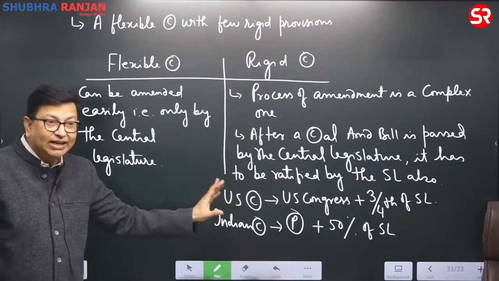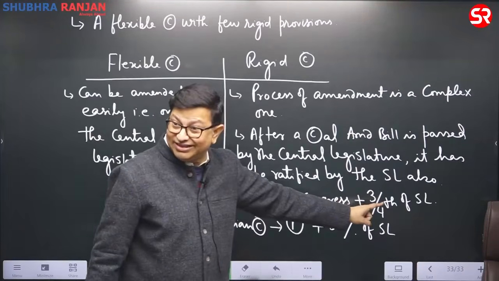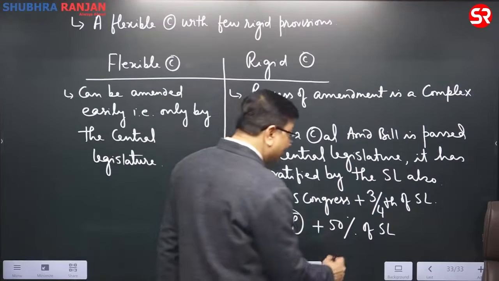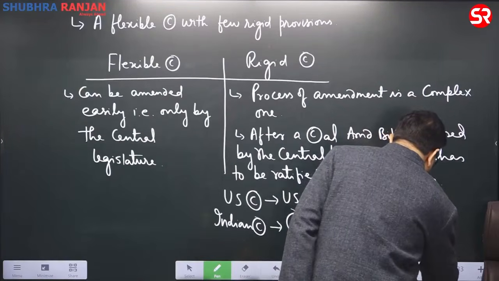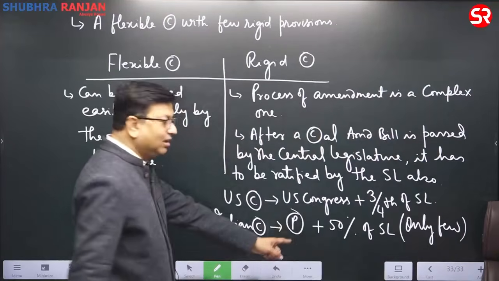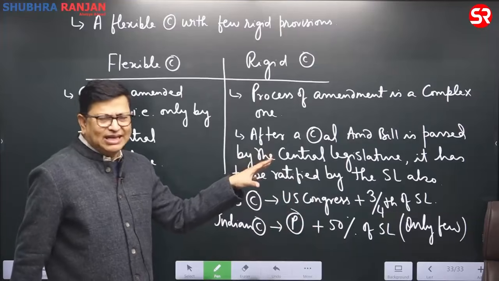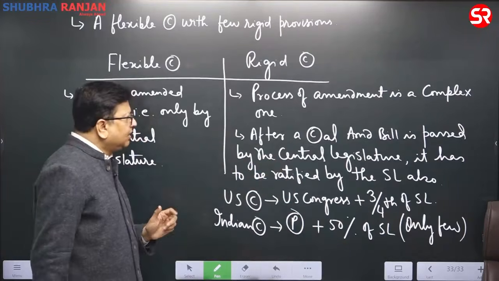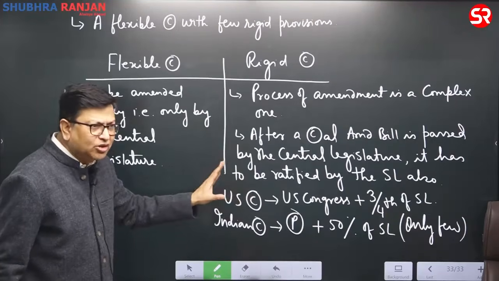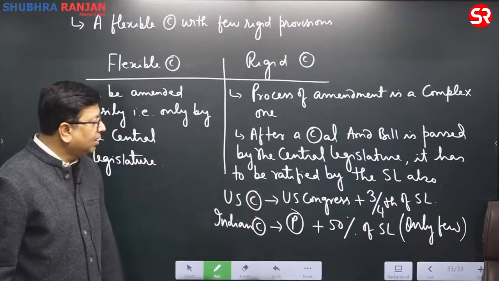In case of America, all the provisions have to be amended like this. But in case of India, not all, only few. And these are termed as rigid provisions. This was the basic that I needed to clear. That is why the US constitution will be termed as a rigid constitution.